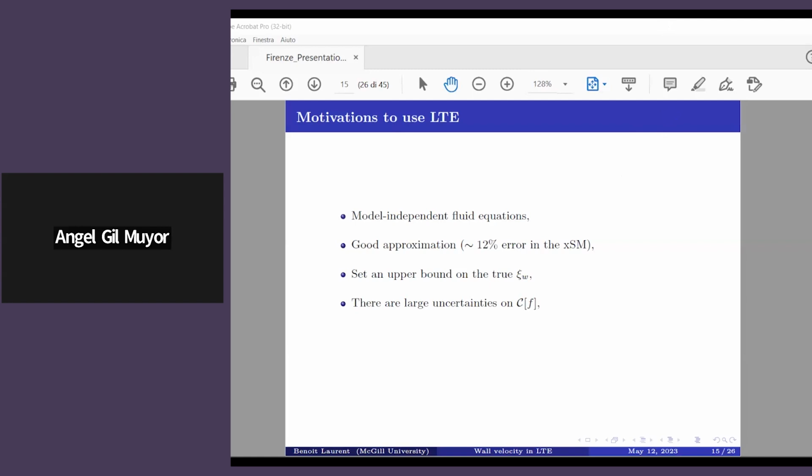Oh, yes. Okay. So thank you for the talk. It was really nice, but I was curious about these cases that you mentioned that are super fast hybrid cases. If you have a super fast hybrid wall, it means that you have an even faster shock wave in front of the bubble, no?